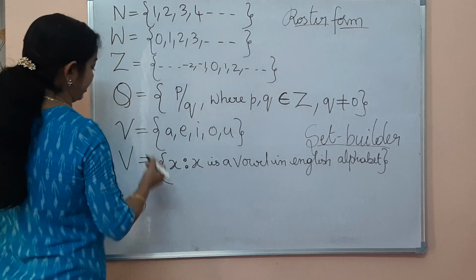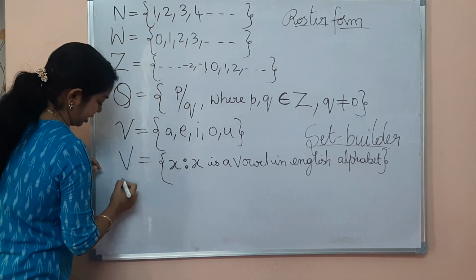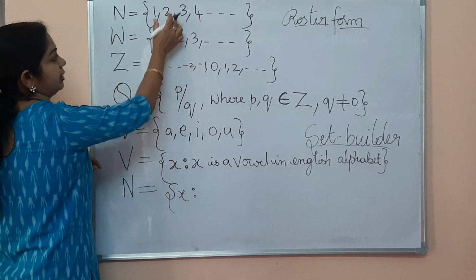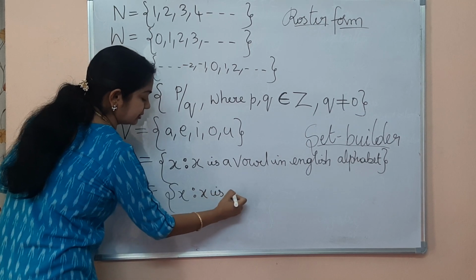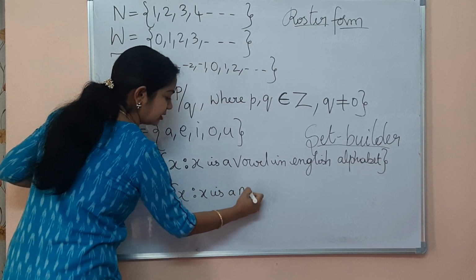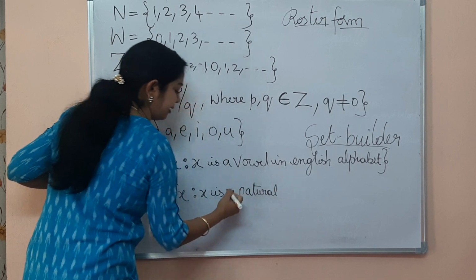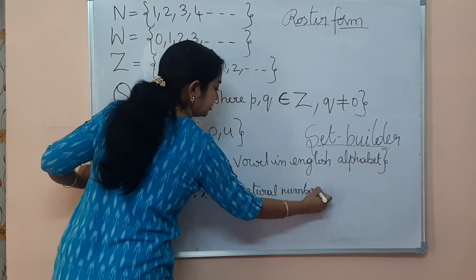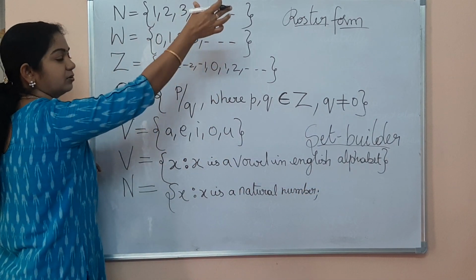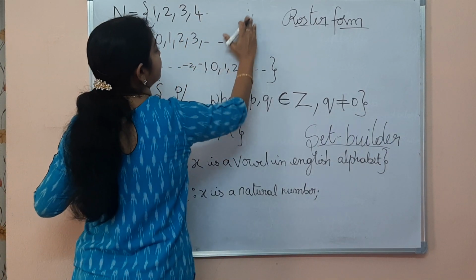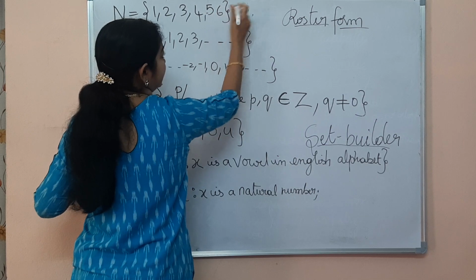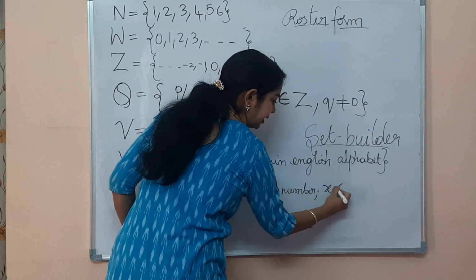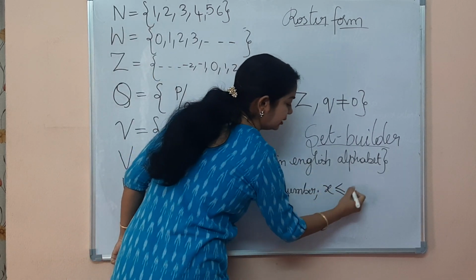Now for the set N, here it is in the roster form. Now I'll write it in the set builder form. X such that X is a natural number, or you can write X belongs to capital N. If I stop this set at 5 or 6, and am not continuing to infinity, you can write the condition X is less than or equal to 6.